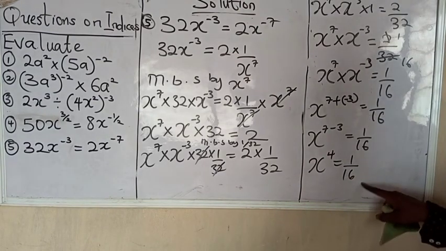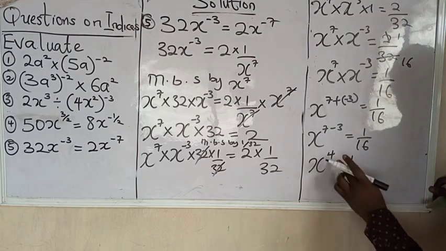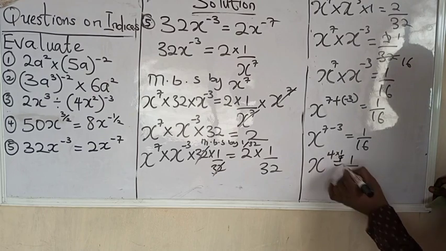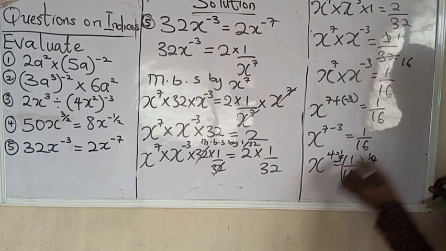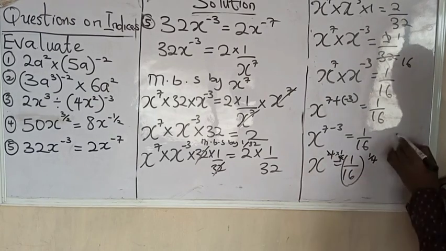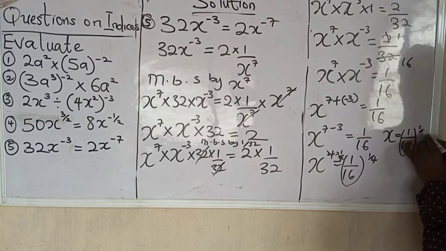So here automatically, to make x stand alone, it means I have to multiply both sides by 1 over 4. Let's not forget that it's x we are asked to find, not x raised to the power 4. So if I multiply both sides by 1 over 4, 4 cancels this 4, then we have x equals 1 over 16 all raised to 1 over 4.